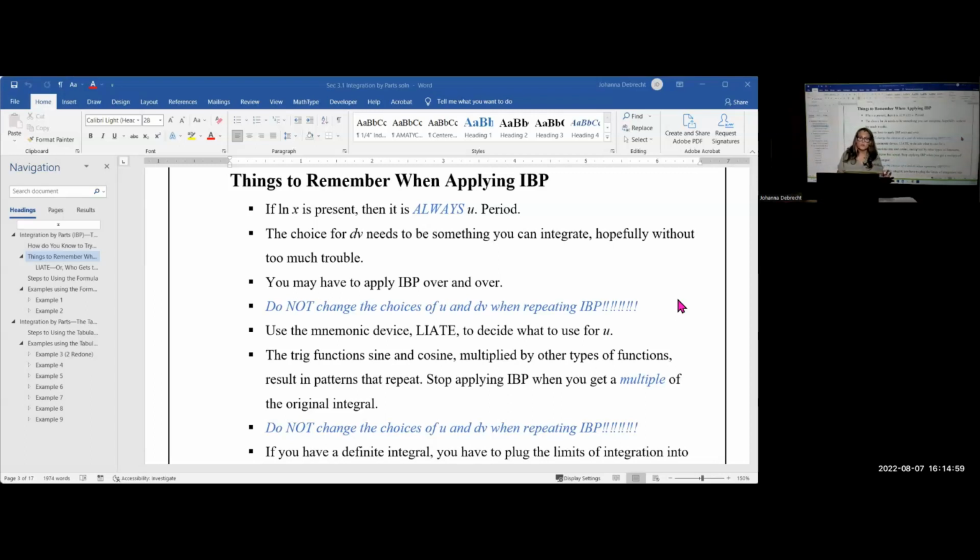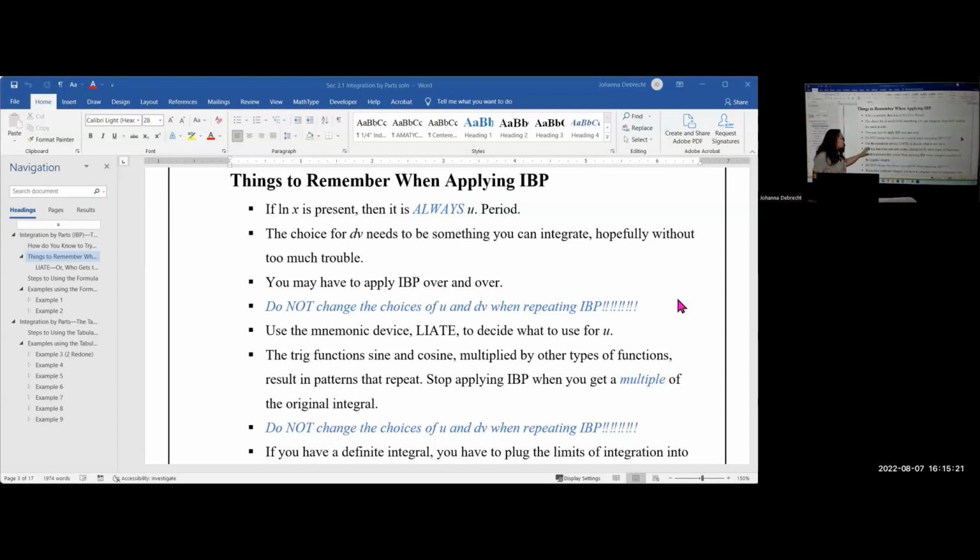If you chose u to be the trig function, don't choose the trig function to be dv next time and swap it out with something else. If you do, you just end up going in an endless circle like a dog chasing its tail and never get anywhere, right? Don't change the choices of u and dv when you have to apply integration by parts more than once.